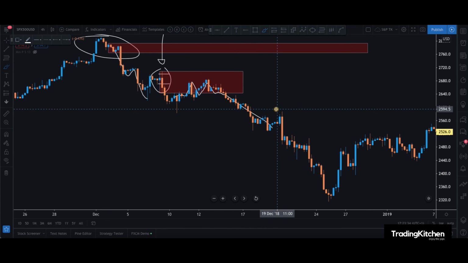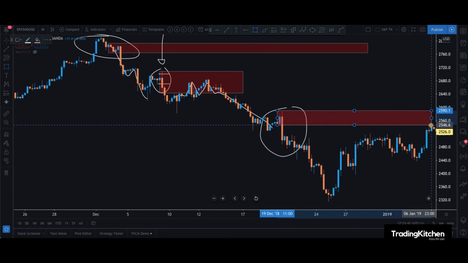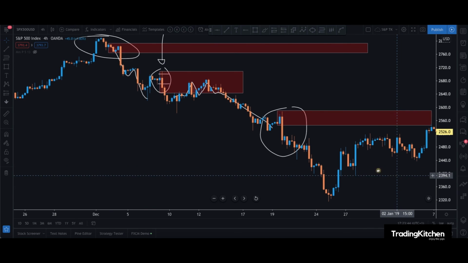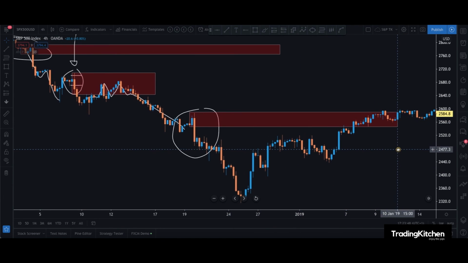Impulse, engulfing, same thing here. So this will be a good zone, a good structure from which price may react. Not so much here. It doesn't matter.